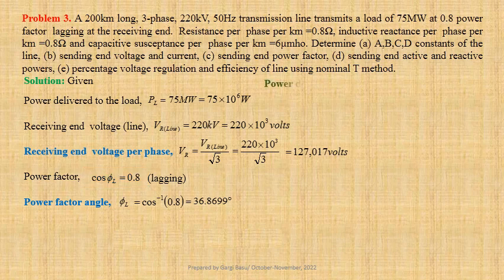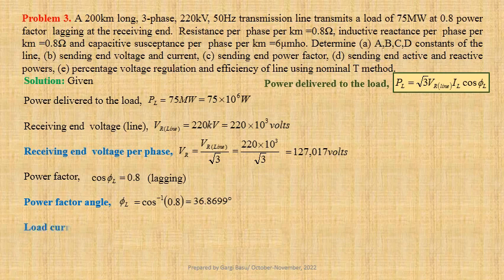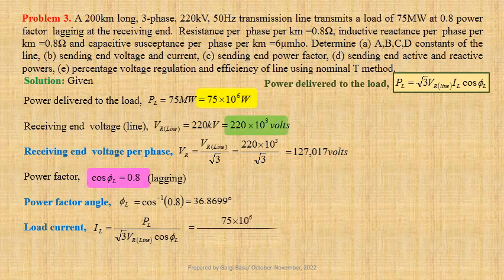Expression for power delivered to the load PL equals root 3 times VR line into IL cos phi L. Therefore, load current IL equals PL divided by root 3 times VR line into cos phi L. Using values we get 75 into 10 to the power 6 divided by root 3 into 220 into 10 to the power 3 into 0.8. That gives us 246 ampere.